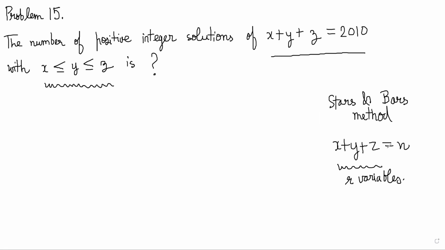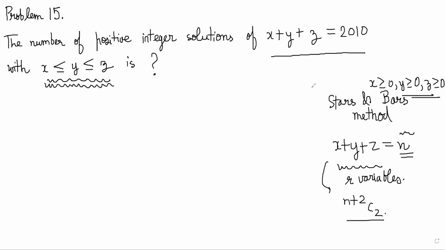Usually the way we do that is we say that to divide n into these many groups, you can take two bars, and there are n stars and two bars, and the number of ways of arranging them would be n plus 2 C 2 in this case. But that kind of solution basically accounts only for the cases where x is greater than or equal to 0, y is greater than or equal to 0, z is greater than or equal to 0.